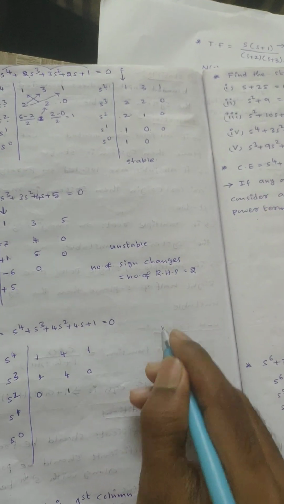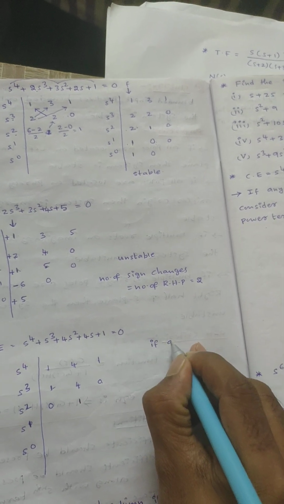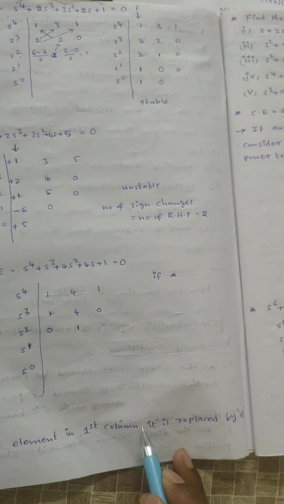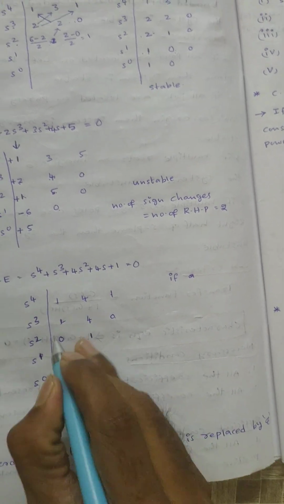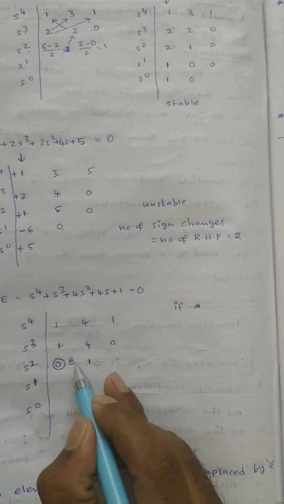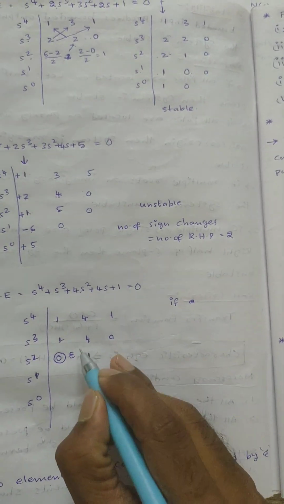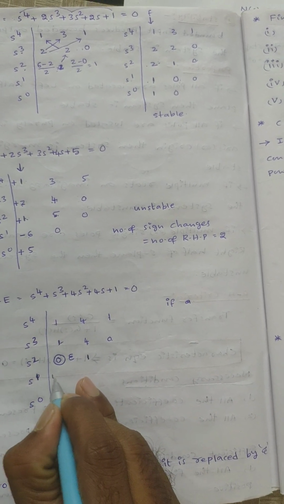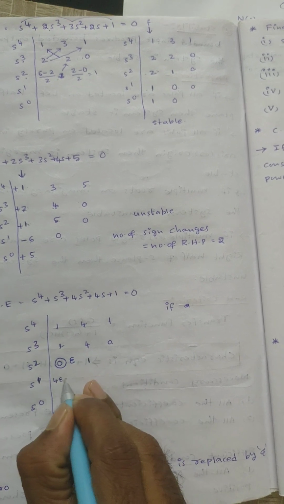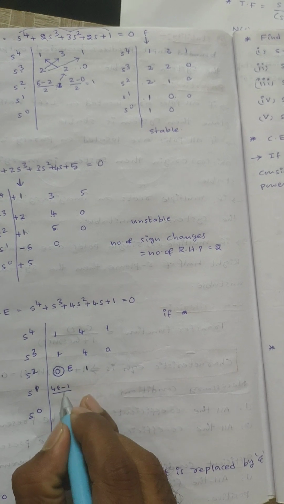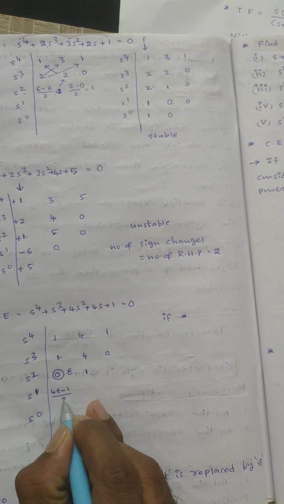See here, if there is any 0 in the first column, it is replaced by epsilon. Now this value is replaced by epsilon. Then do the same procedure again. 4 into epsilon, you will get 4 epsilon minus 1, divided by epsilon.